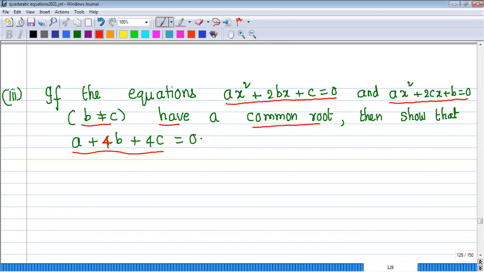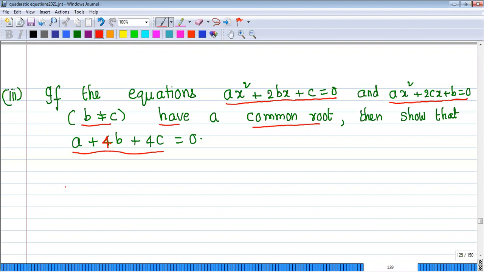Let alpha be the common root. First of all, substitute alpha in the first equation and the second equation. We get two equations. First, eliminate alpha square by subtracting and find alpha. Common root means it should satisfy the first equation and the second equation. Substituting the alpha in either equation, we get this condition.